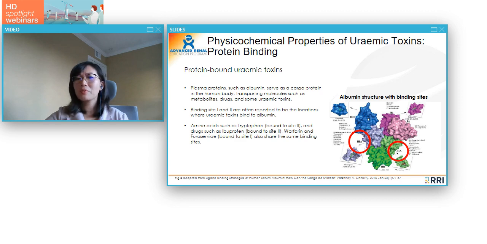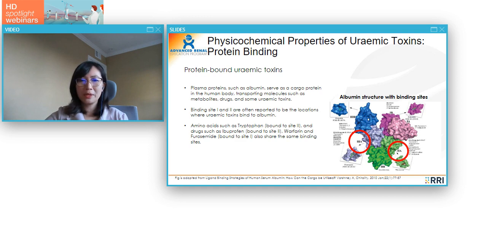Although some larger molecules like amyloid betas found in Alzheimer's patients' bodies can also bind to albumin in blood, protein-bound uremic toxins are usually referred to as solutes smaller than 500 molecular weight in the field of nephrology research.